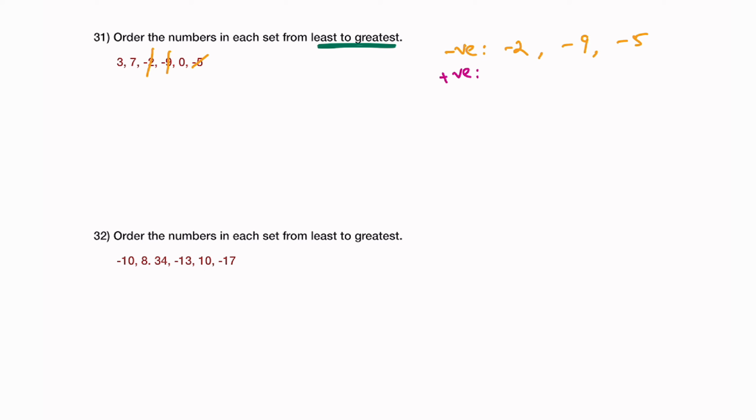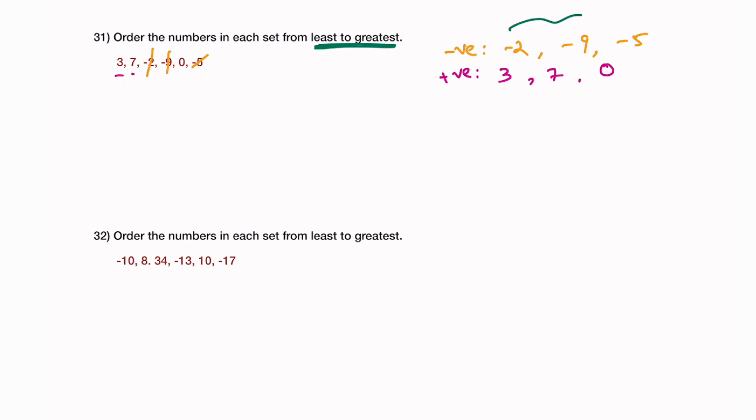And my positives are 3, 7, and 0. Zero's opposite, minus zero, makes no sense. Zero is always zero. We are going to order them. So first it says least, right? So the negatives will go first.